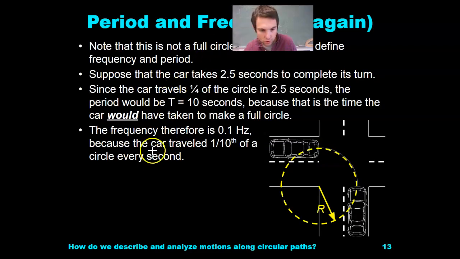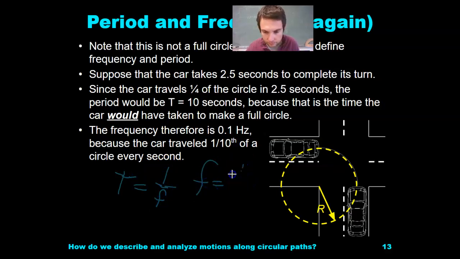So we can show this with the equation. T equals 1 over f, and therefore f equals 1 over T. So if the period is 10 seconds, then our frequency is 1 over 10.